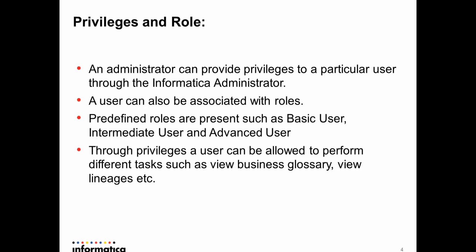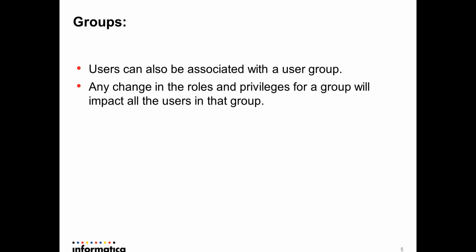And this can be modified per user by adding additional action privileges. Through privileges, a user can be allowed to perform different tasks such as view business glossaries, view lineages, etc. Also, users can be associated with a user group, and whenever you change any role or privilege for a particular group, the change is going to reflect to all the users who are present in that group.